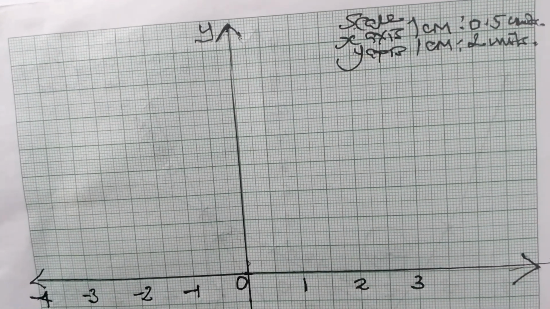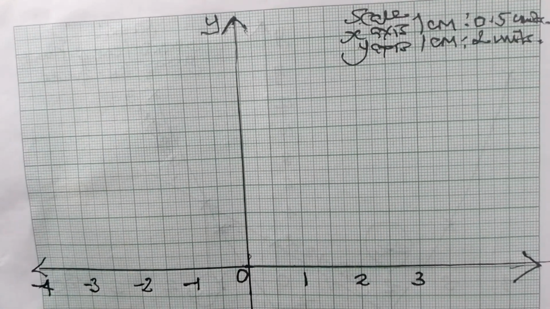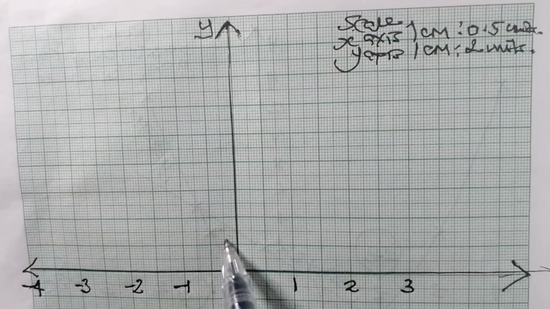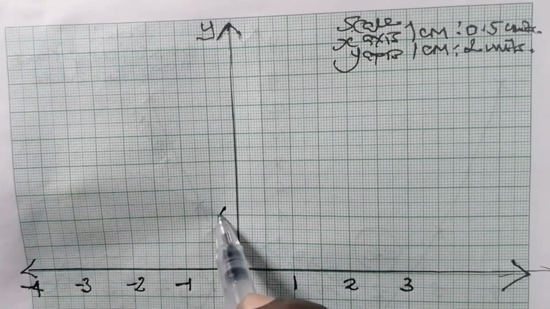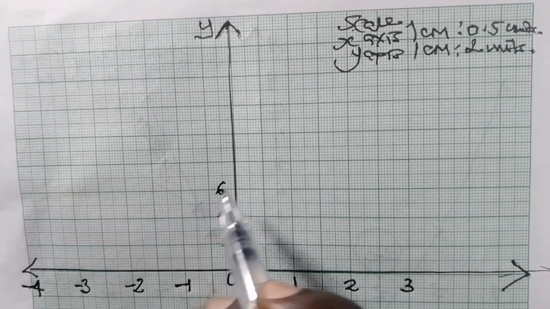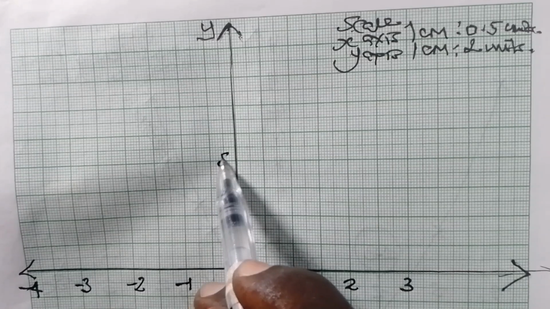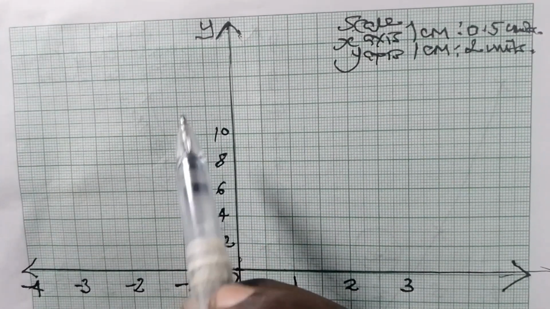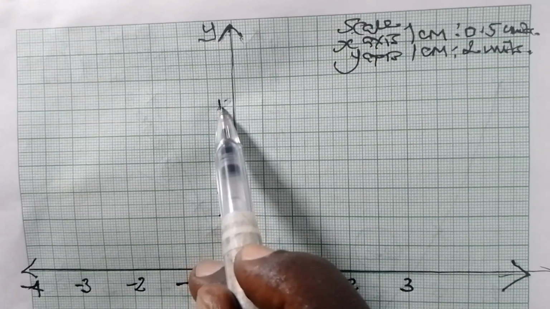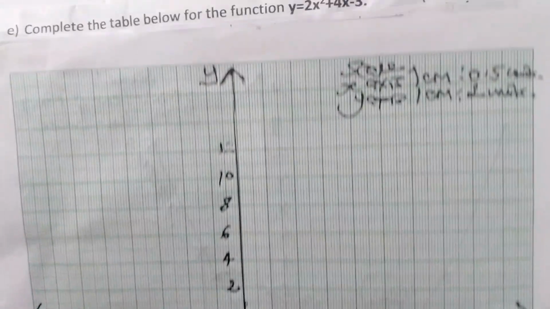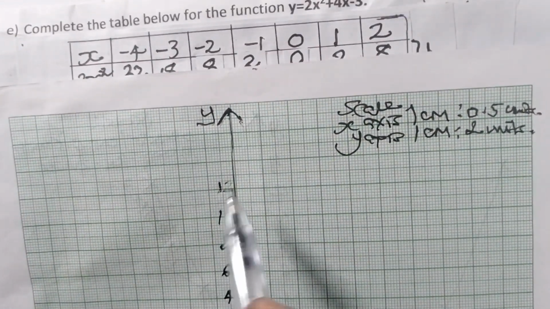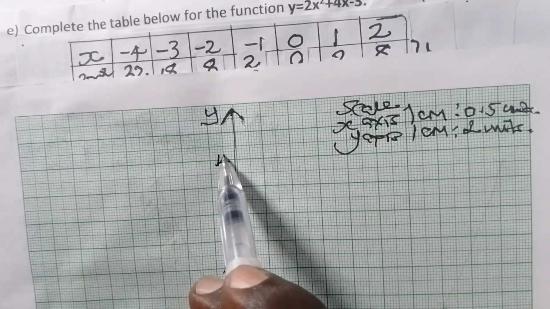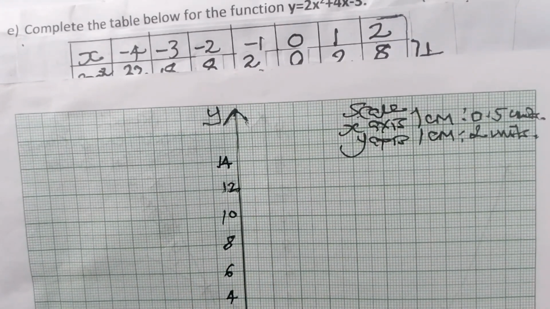On the y-axis, I'll write positive 2, 4, 6, 8, 10, 12, and finally 14, like that.